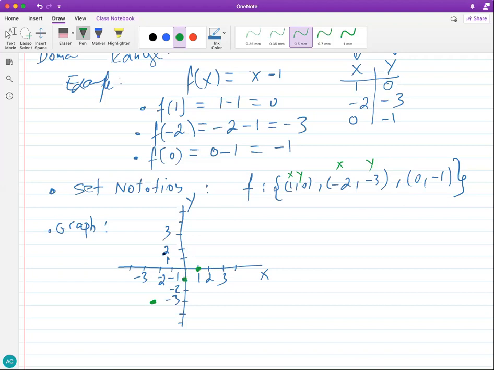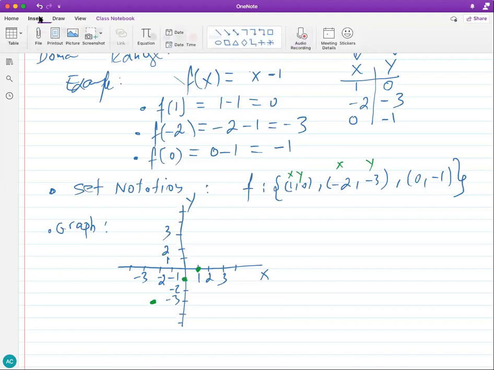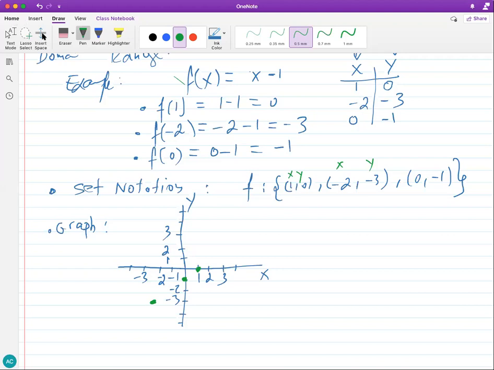So what do you guys notice about these points? It doesn't repeat. It's a straight line. Well, it's a diagonal line. And then likely a function. It's a straight line, right? Let me see if we can grab a line from here.